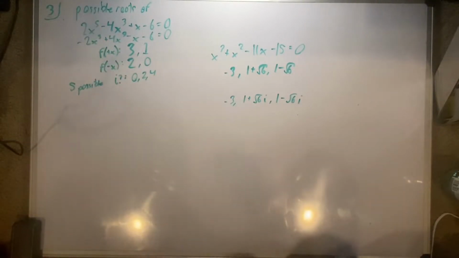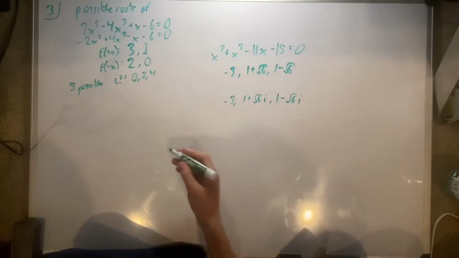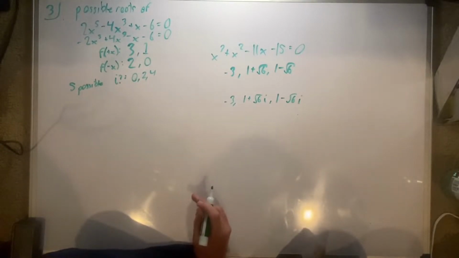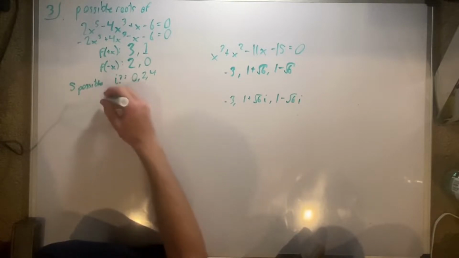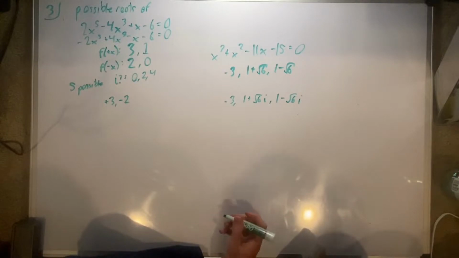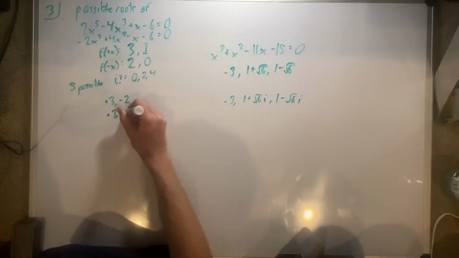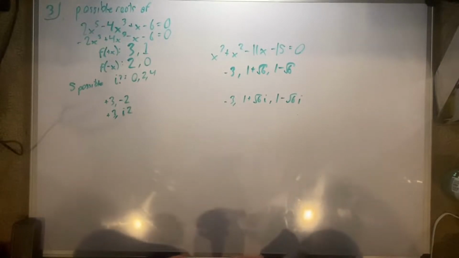So our actual combinations here, if we wanted to go positive, negative, and then i, would be something along the lines of: we could have 3 positive, 2 negative. We could have 3 positive, 2 complex.